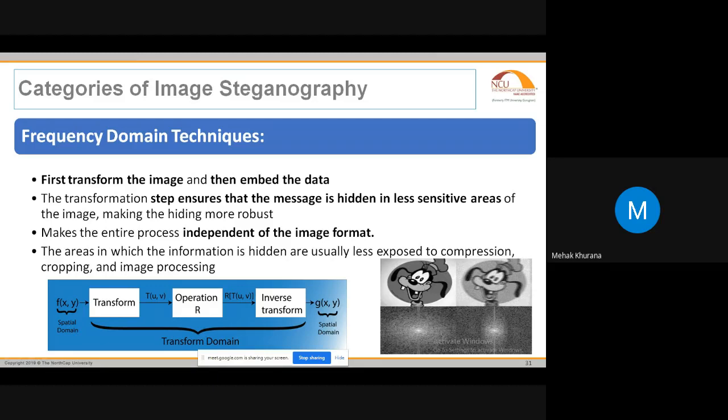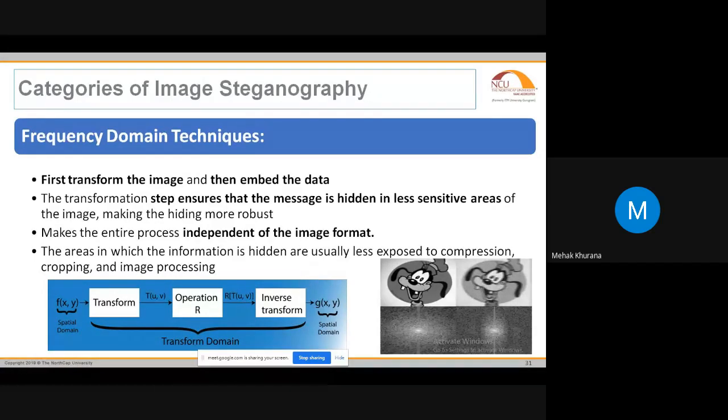So after the transformation, we ensure the message is hidden in the less sensitive area, because after the image has been transformed, it looks almost similar. The pixels all look similar, so we have to find the less sensitive area so that it cannot be identified.